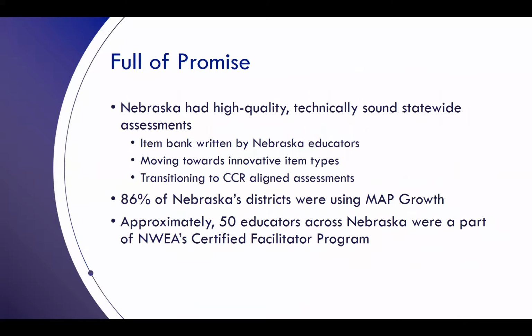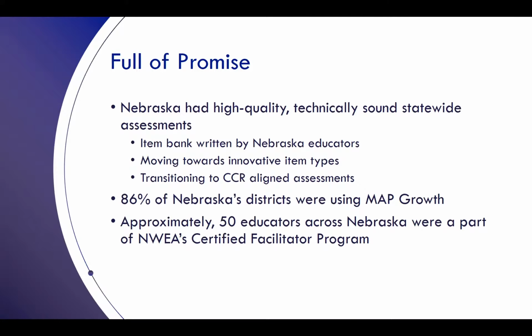So from the very beginning of the awarding of that contract, I would say there was a lot of promise, a lot of hope for educators in the state of Nebraska that things were changing as far as the statewide assessment system. Unfortunately, there was also some misunderstanding. So one of those misunderstandings is that people thought that we were just going to use MAP Growth as a summative assessment.